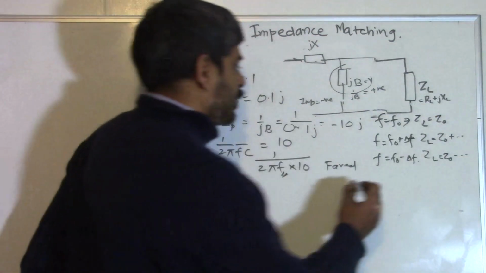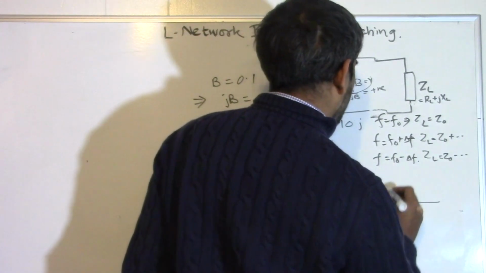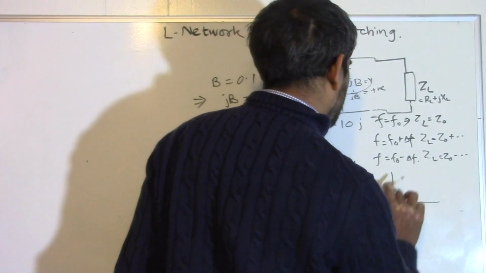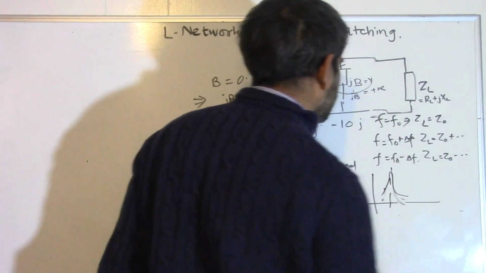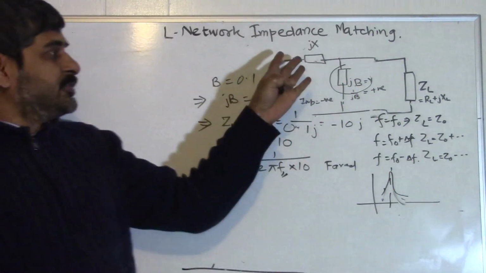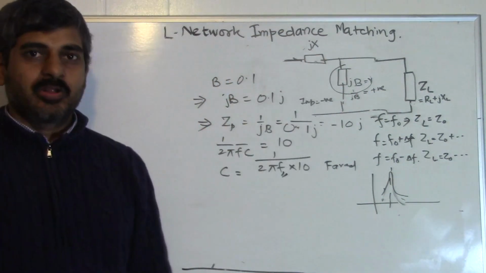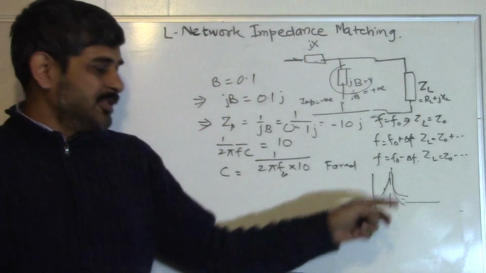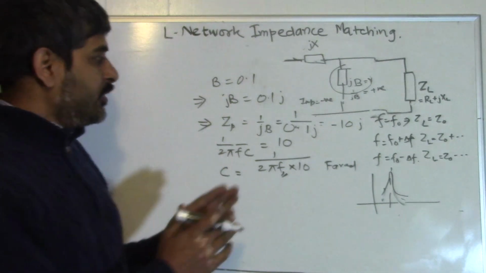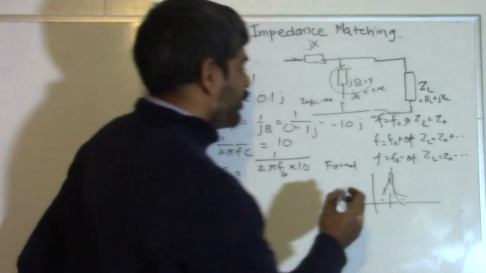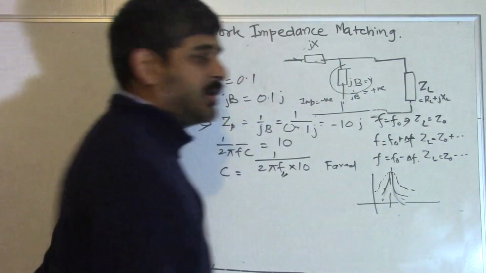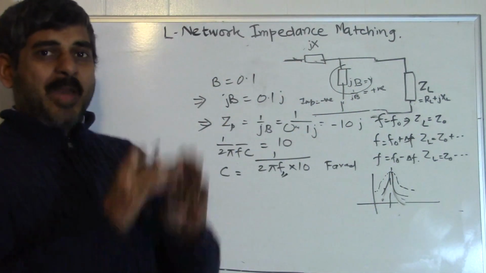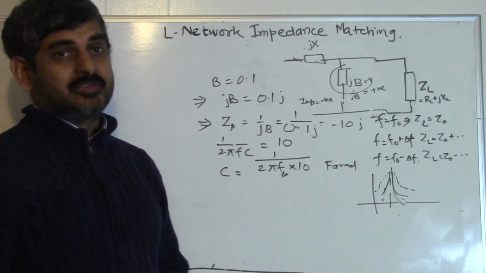So your output waveform will look something like this, and this curve will be very sharp because of this nature of this matching network, which also means that we have no control over expanding the bandwidth of this curve. So how do we expand the bandwidth of this network?